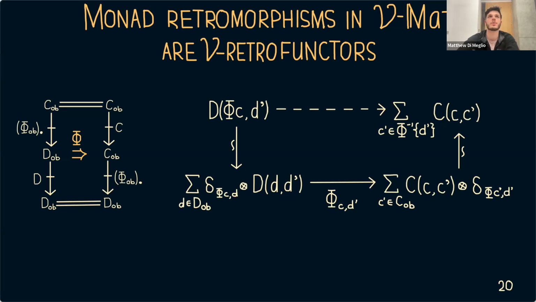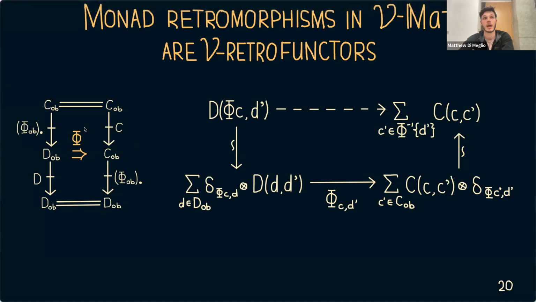But how do these relate to retromorphisms? Well, a retromorphism, recall, consists of an arrow. If I have an enriched category C and an enriched category D, then the arrow phi is going to go from C to D. And then it also consists of a retrocell. Notice that the retrocell is shaped like so. If we want to interpret what it means, we need to interpret what this matrix product on the left is and what this matrix product on the right is.